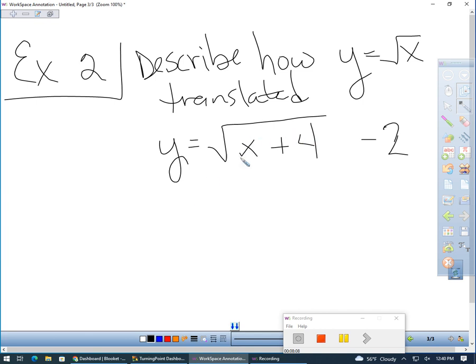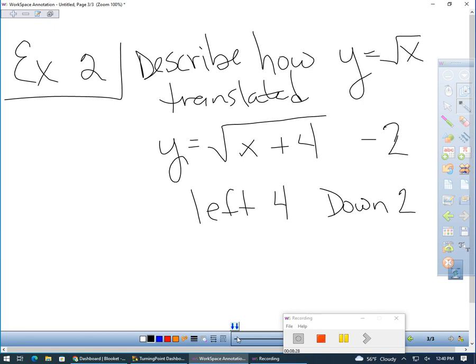So in where x is, underneath our square root, that's telling us we're going which direction, how far? Left 4, very good. Left 4. And down 2, good. You see these aren't going to take very long, right?